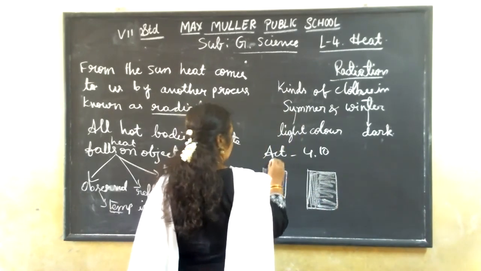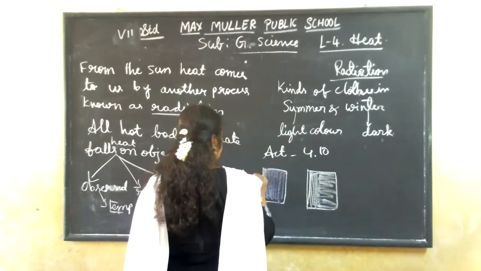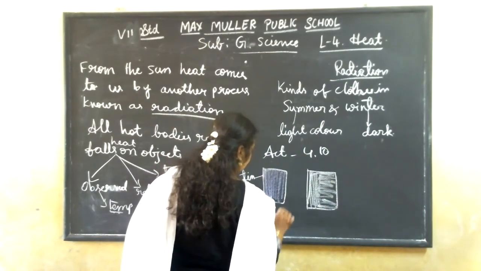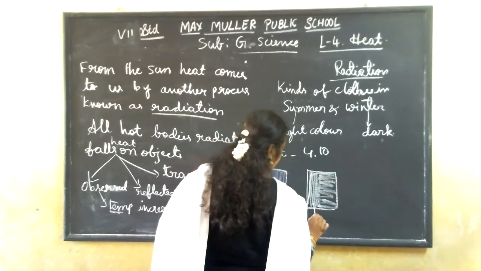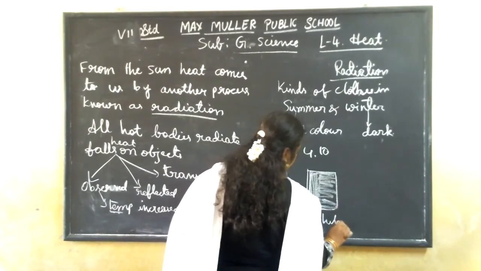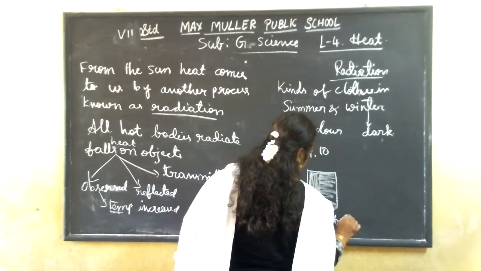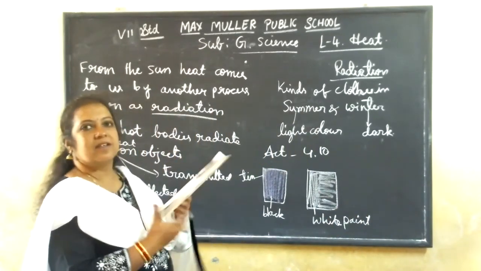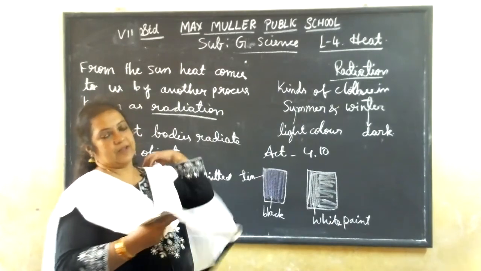So these are the tins. Okay, here black color I painted. Here I painted white color. Okay, two tins with the metallic surface we have taken.